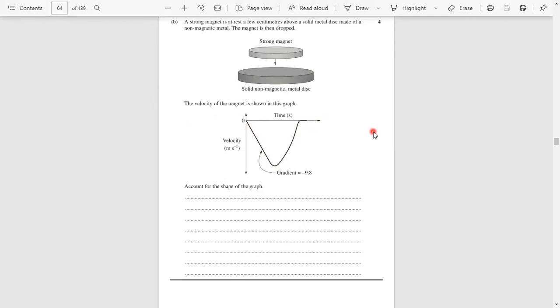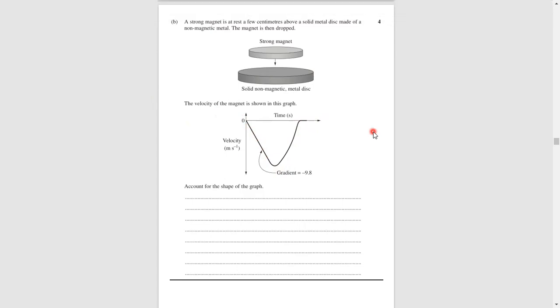So account for the shape of the graph. Well, you've got a linear section to start with, a stated gradient of negative 9.8. That might sound familiar to you, so you might want to firstly account for that.